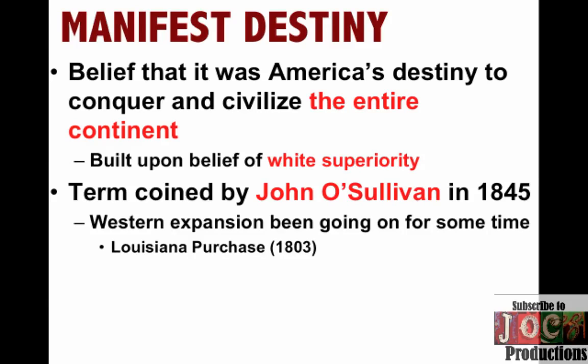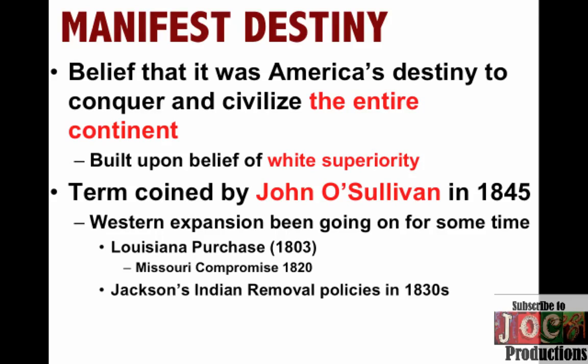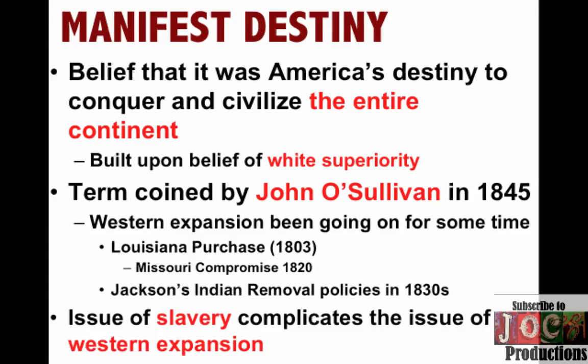But we've seen this even in the early nation's history. 1803, we have the Louisiana Purchase under Thomas Jefferson. That brings up issues such as Missouri entering the Union. We have the Missouri Compromise, Jackson's Indian removal policies in the 1830s. These are all examples of the United States moving west, occupying new land. But what happens in the 1840s is the issue of slavery is going to complicate Western expansion more and more frequently.